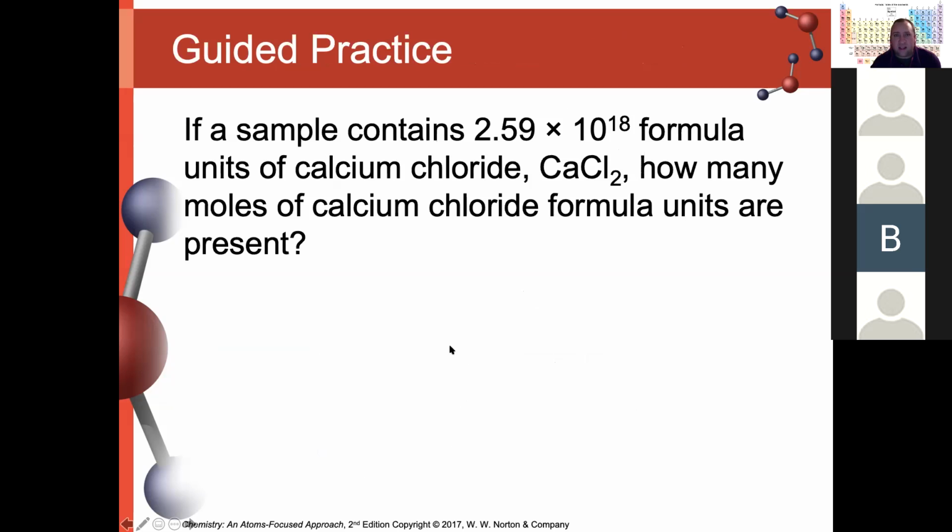So let's take a look and do a quick practice problem. If I have a sample of 2.59 times 10 to the 18th formula units of calcium chloride, how many moles are present? Well, to do this problem, I'm going to need to take that starting material, 2.59 times 10 to the 18th.